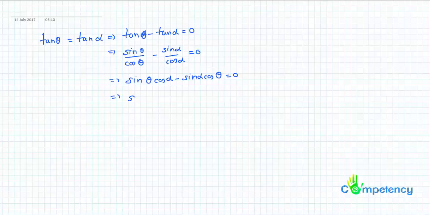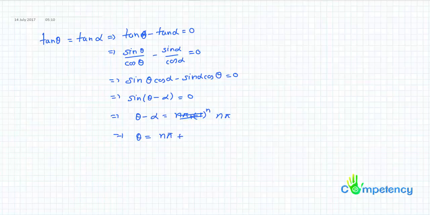So this is nothing but sine of (theta minus alpha) equals 0. Now it has changed to sine form, and for this we have theta minus alpha is itself n pi. So that means theta is n pi plus alpha always.